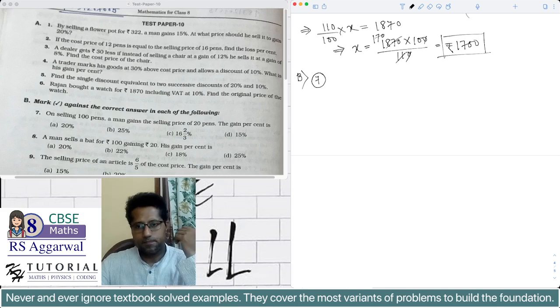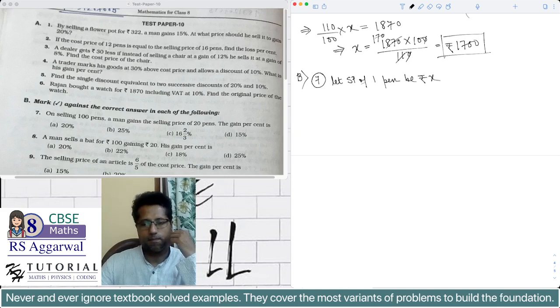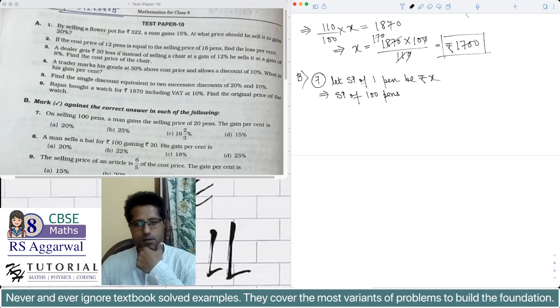So let the selling price of one pen be rupees X. This will imply the selling price of 100 pens. Now, please remember that the gain percent or the loss percent is not dependent on the actual number of articles involved in the selling or purchase.